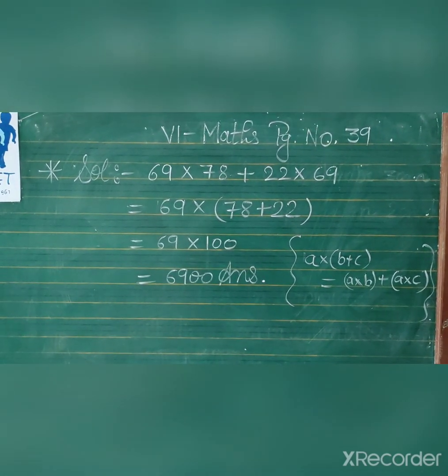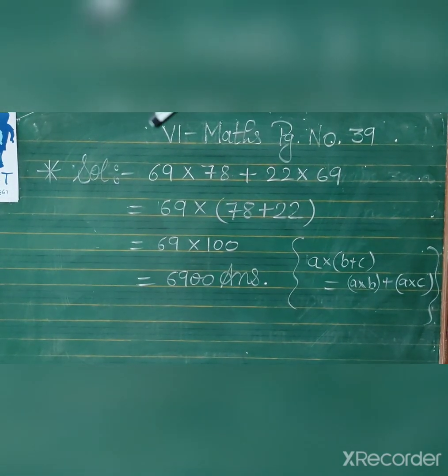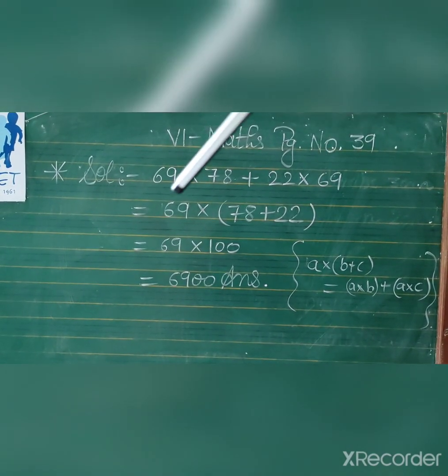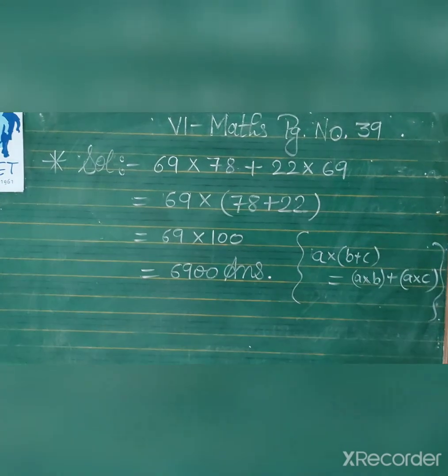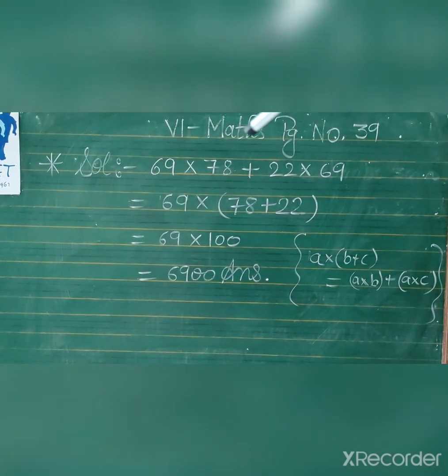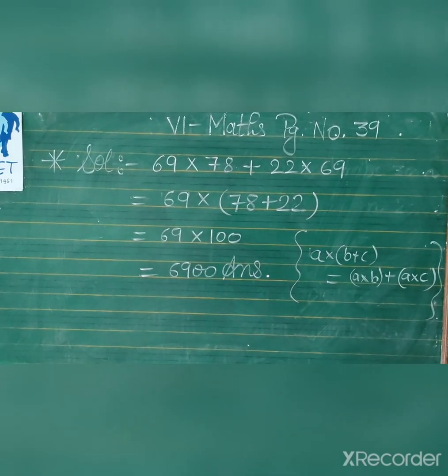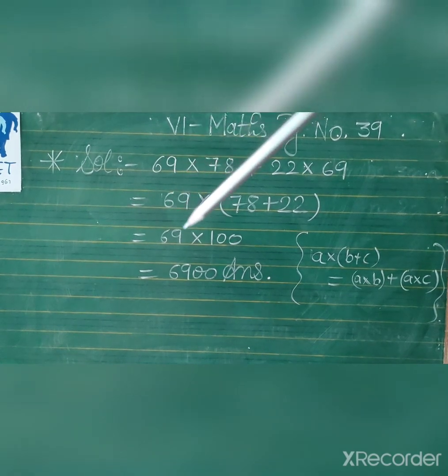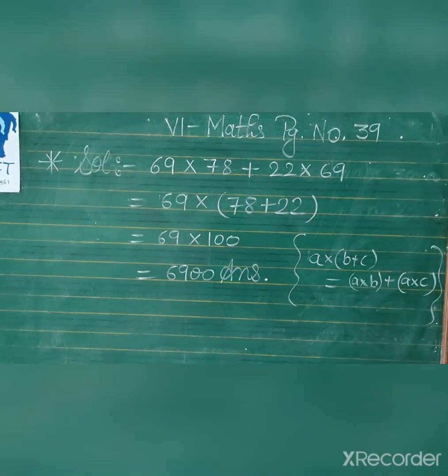This time the RHS side is given. So 69 multiplication sign, 69 multiplication sign, we can write only once, and inside the bracket 78 plus 22. So 78 plus 22 is 100. So 69 into 100 is 6,900. Clear?